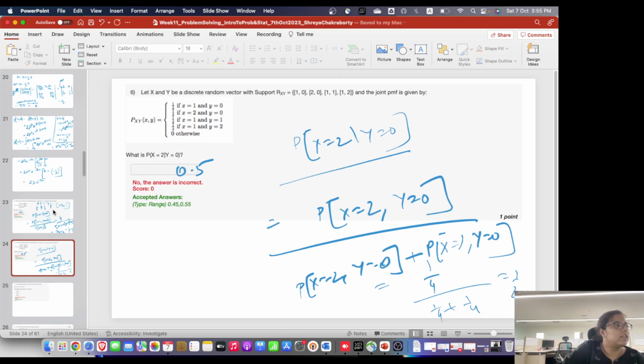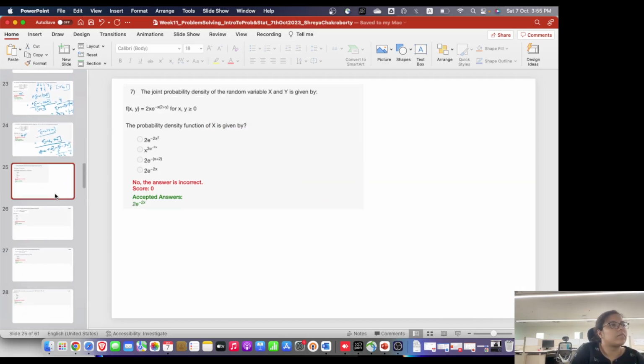Alright, now let us move on to the next one. The joint probability density of a random variable is given by 2x e to the power minus x 2 plus y. The probability density function of x is given by how much? So PDF of x equal to integration fxy dy.